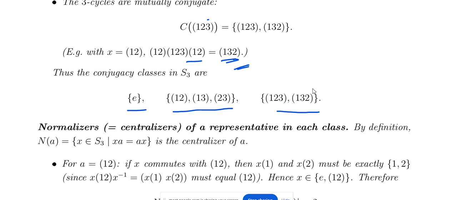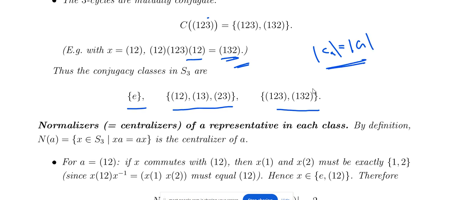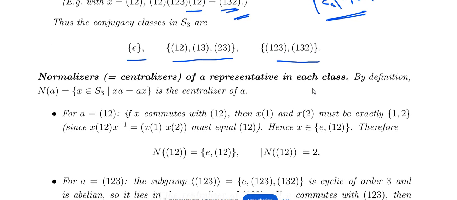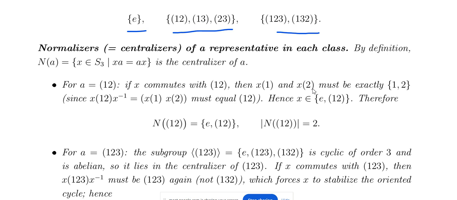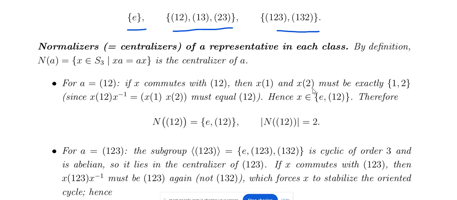So the total number of elements in the conjugacy classes is equal to the number of elements in G. This is a very simple example of how to find conjugacy classes.